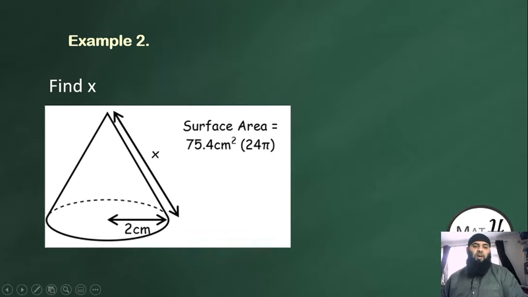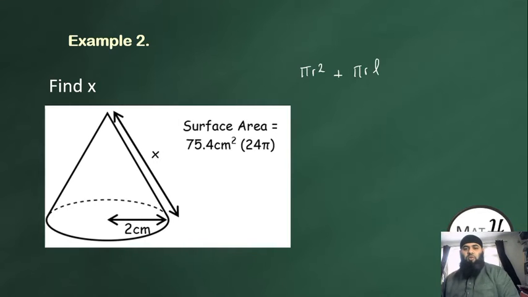It says find x. Okay, this time we're given the surface area and we need to find x. So we're going to do the reverse. Again, we write down the equation first so you don't get confused. This is the equation for the surface area of a cone. Now we can just substitute 75.4, or we can substitute 24 pi into the surface area.